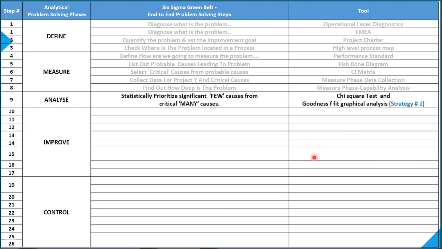In that case, we're going to look into chi-square based testing for strategy two, but that too not in the upcoming video. So in our next video, let's go through chi-square testing and how to deploy it.